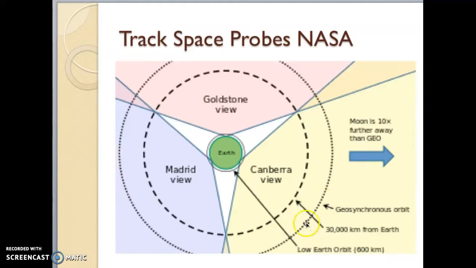Then we can look at all of the different space probes that are being sent away from Earth to different planets and moons and comets and very far away. So this is how we use radio telescopes to track space probes.